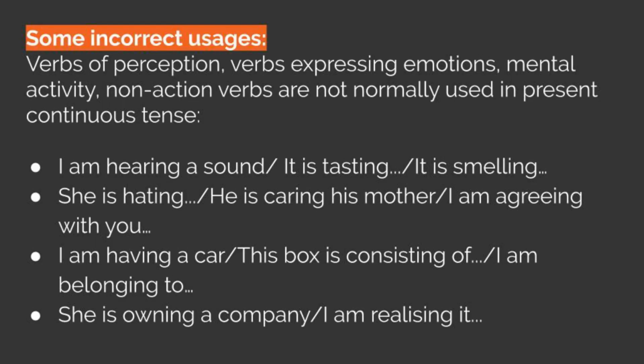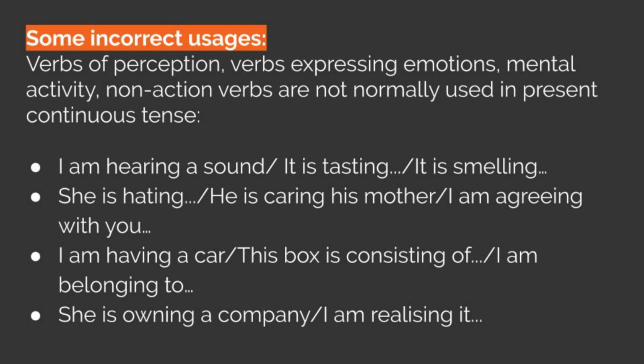Now this slide gives us information on the different kinds of verbs which generally do not go well in the present continuous. So verbs of perception, see, hear. I'm just giving examples of these. Okay, verbs expressing emotions, love, hate, like, dislike, care. Okay, then verbs showing mental activity like agree, believe, guess, imagine, know, right?